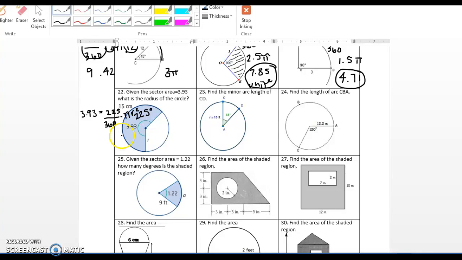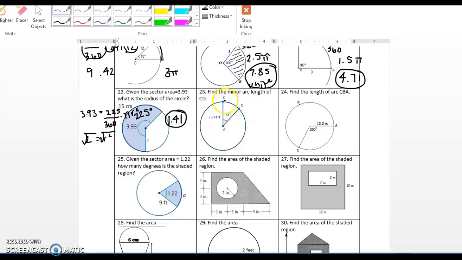Now we just need to solve for r. If you multiply these out and then divide it over there, you get approximately 2 is equal to r squared. And then you need to square root, and the answer is approximately 1.41.